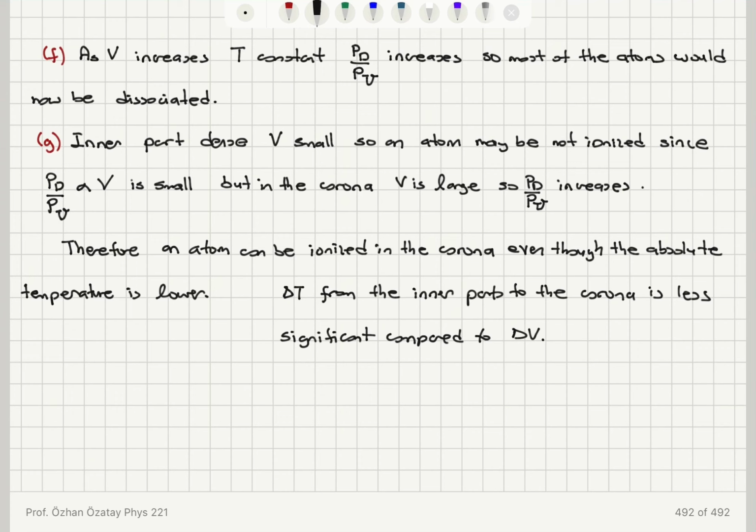So even though the temperature is decreasing from the inner parts to the outer parts, because the change in volume is so big, we have the probability of dissociation increasing as we go to the outer parts of the sun.